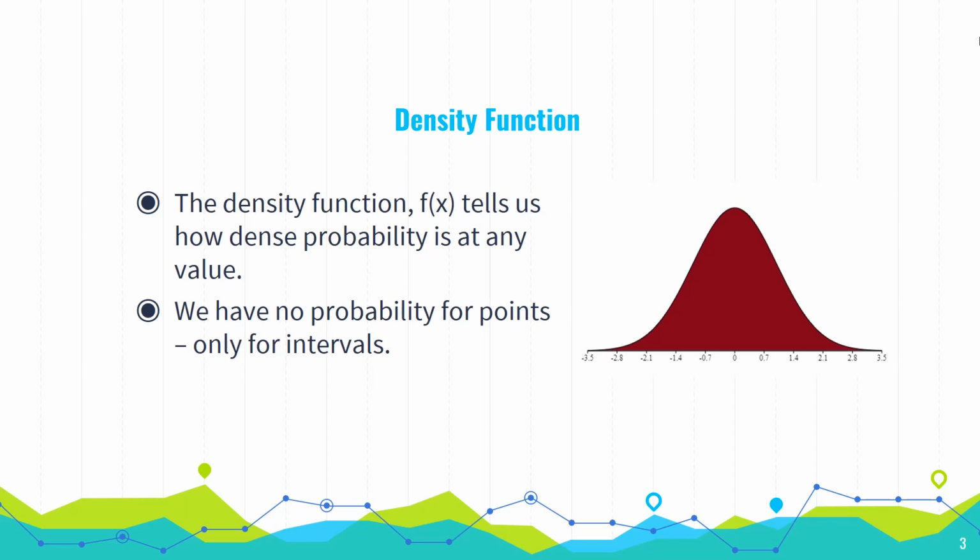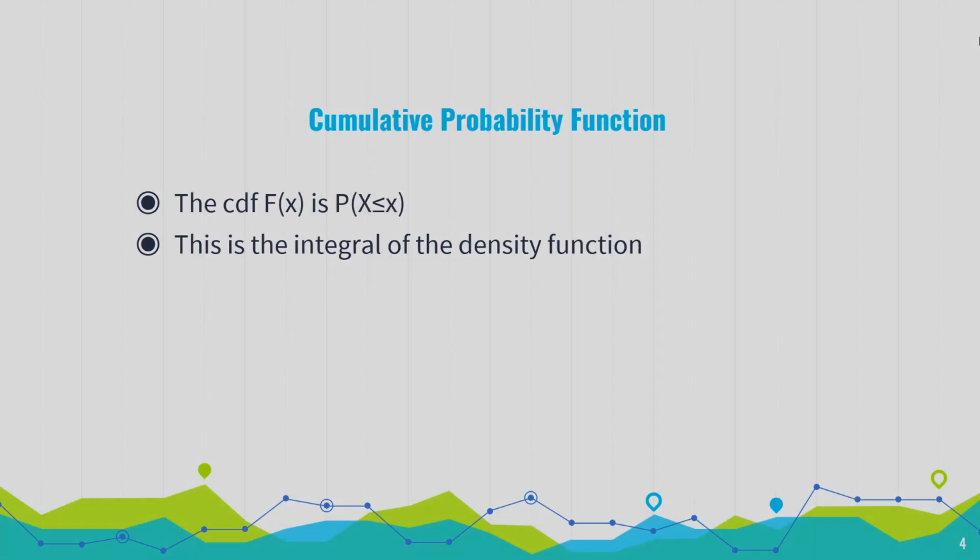In that interval, you can calculate the mass. You basically just find the area under the curve. That's your probability. The total area under the density curve is going to sum up to 1. That's the characteristic that makes it valid as a probability density function.